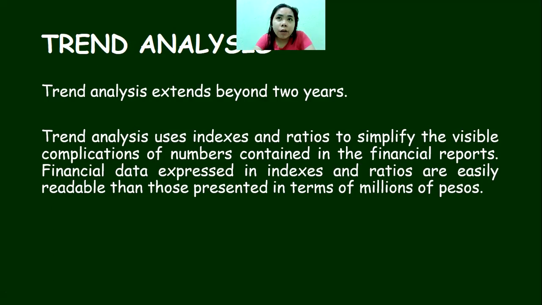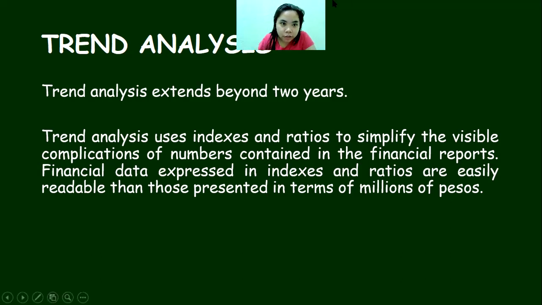When you present, it is okay if you present to accountants, but if you are presenting to non-accountants and you give them amounts expressed in millions, they might find it voluminous and difficult to understand. So we have this trend analysis to easily read and understand the financial reports that are being issued.